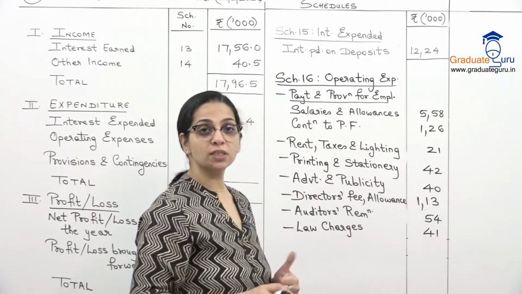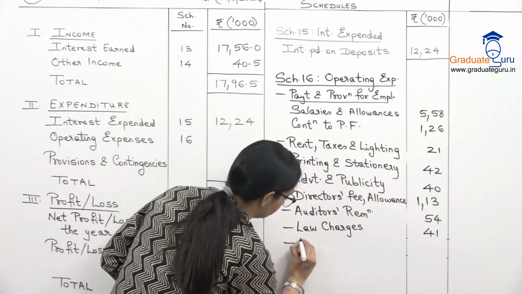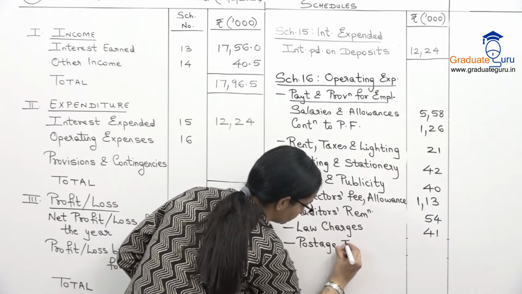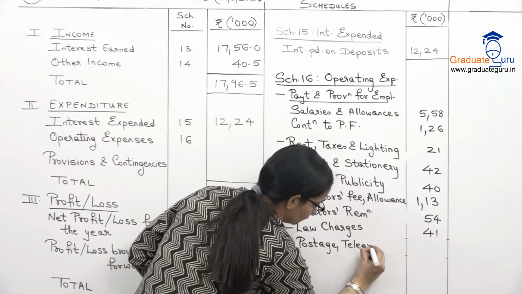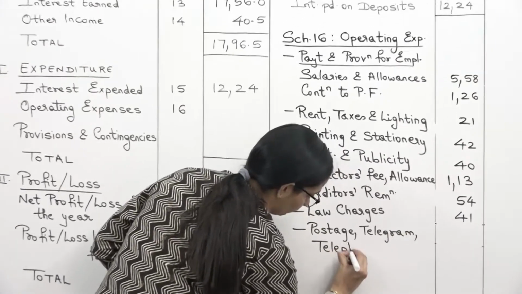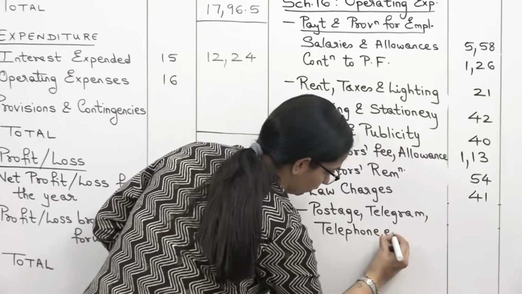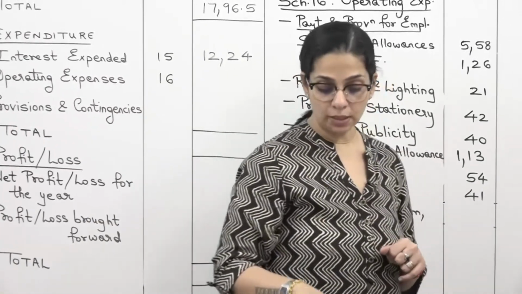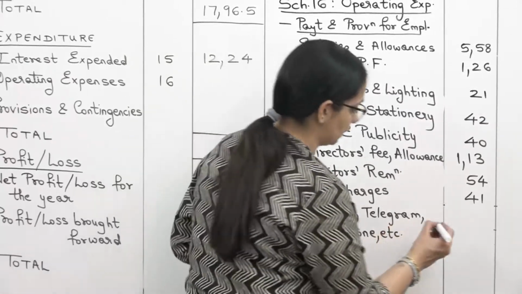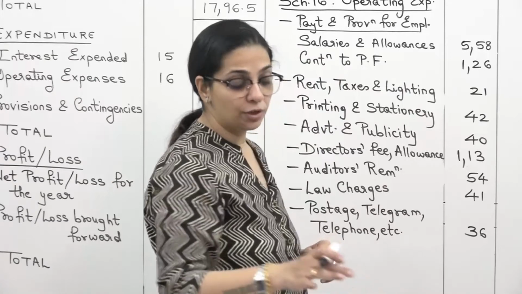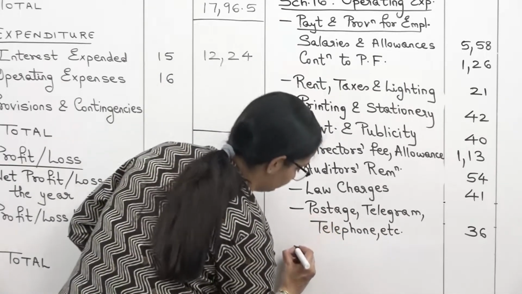Then we have postage, telegram, telephone, etc. So there we have our telephone expenses, the last thing in the trial balance, 36,000. Then we have repairs and maintenance.